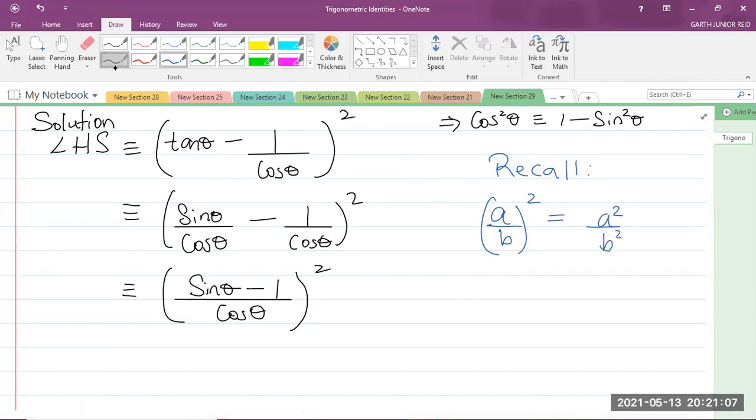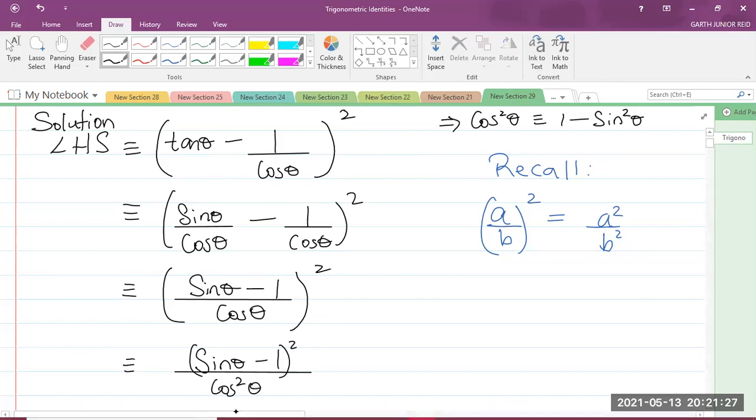So this is equivalent to the square of the numerator, sine theta minus 1, all squared, divided by the square of the denominator, which is cos squared theta.